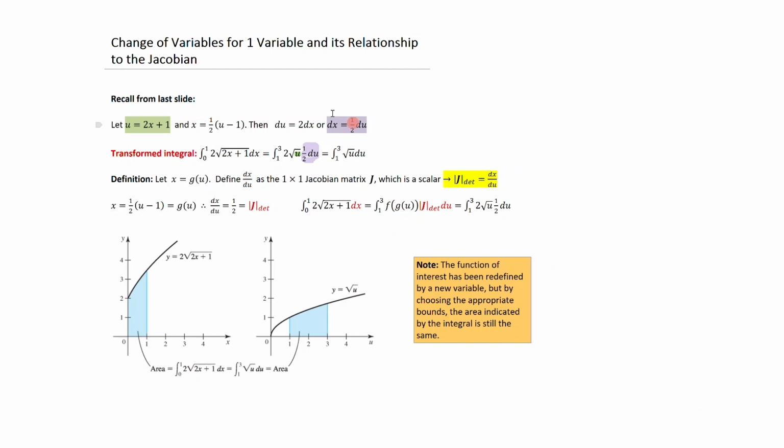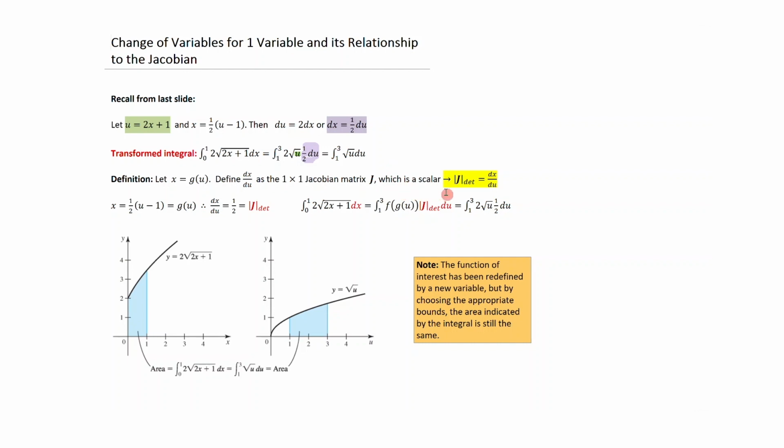All right, let's look at this in a little bit more detail. Again, we're just taking the information that we've just presented previously, and now basically written it out here. And again, here is the transformed integral, which was on the previous slide. All right, so now what we'll do is we're going to let x be g of u, and we define dx by du as a 1-by-1 Jacobian matrix J, which is a scalar. For the one variable case, it's a scalar.